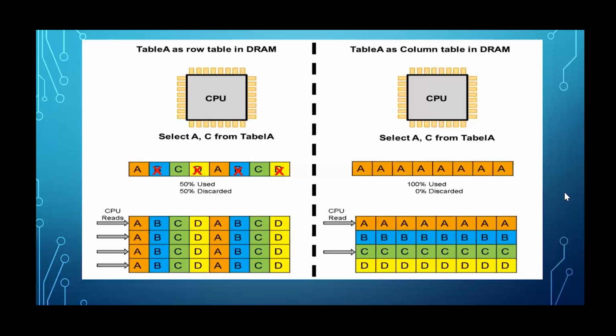In HANA, few tables are column, and I think most of them are row tables itself.